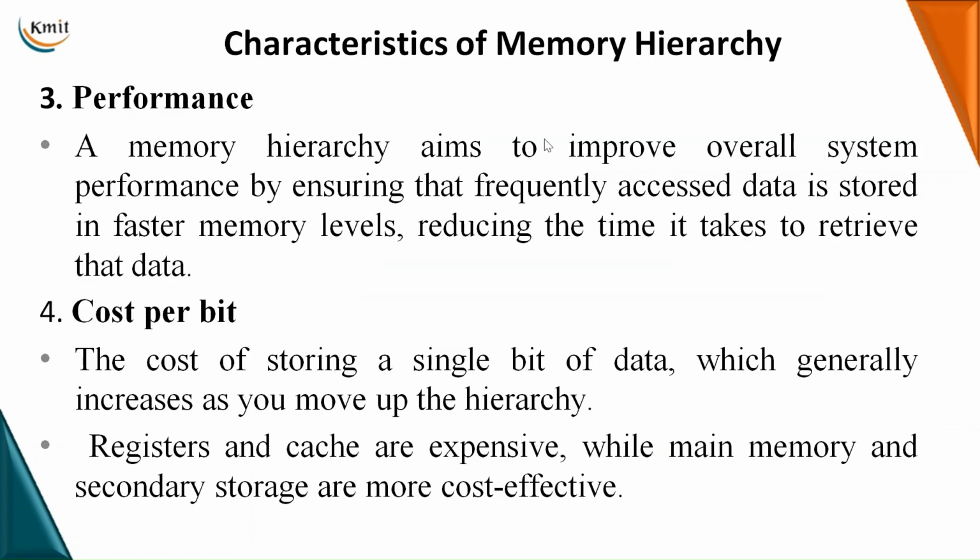Next comes performance. A memory hierarchy always aims to improve the overall system performance. How does it improve the performance of your system? By ensuring that frequently accessed data is placed in a faster memory, such as your cache memory, so that it reduces the time taken by the CPU to retrieve that particular data.